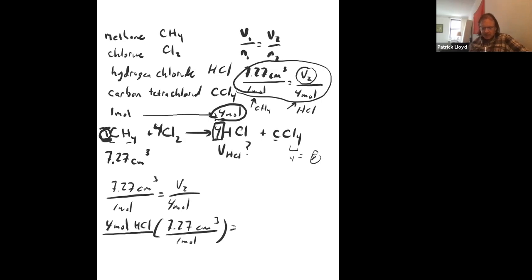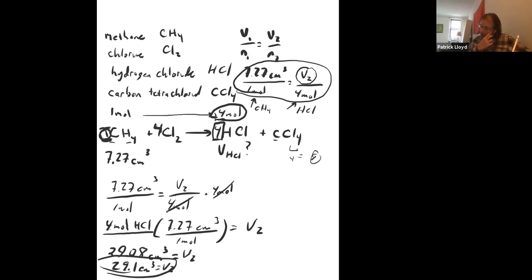If you multiply this by 4 moles, that cancels and you get V2. So 4 times 7.27 is the same thing, right? 29.08 centimeters cubed. Now that's 4 sig figs, so we'll just round it to 3 sig figs. Okay, and there you go, 29.1, okay? And there you go, there's Avogadro's law. Let me show you one more. Okay.